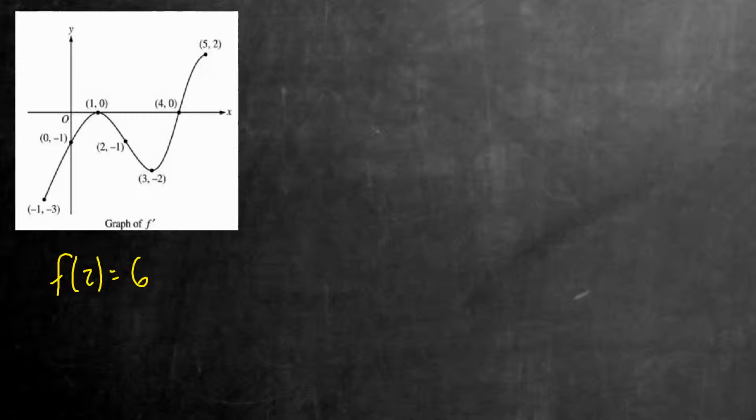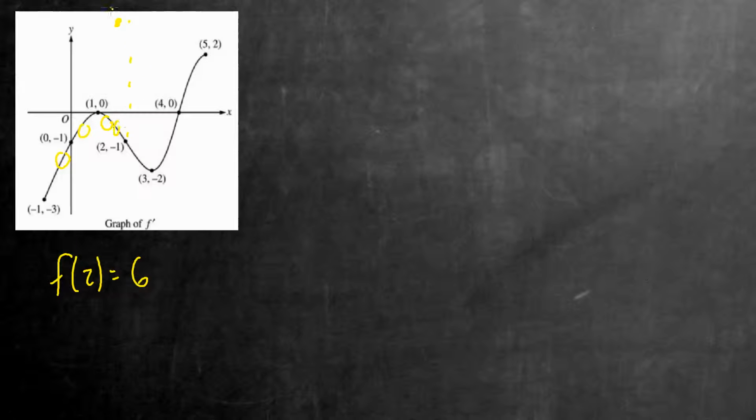So B says, where is the absolute minimum and maximum over the interval? So we can kind of roughly sketch in the graph of f. F of 2 is 6 was given. So that's somewhere up here. Now, from there, the slope of it has been negative the whole way.